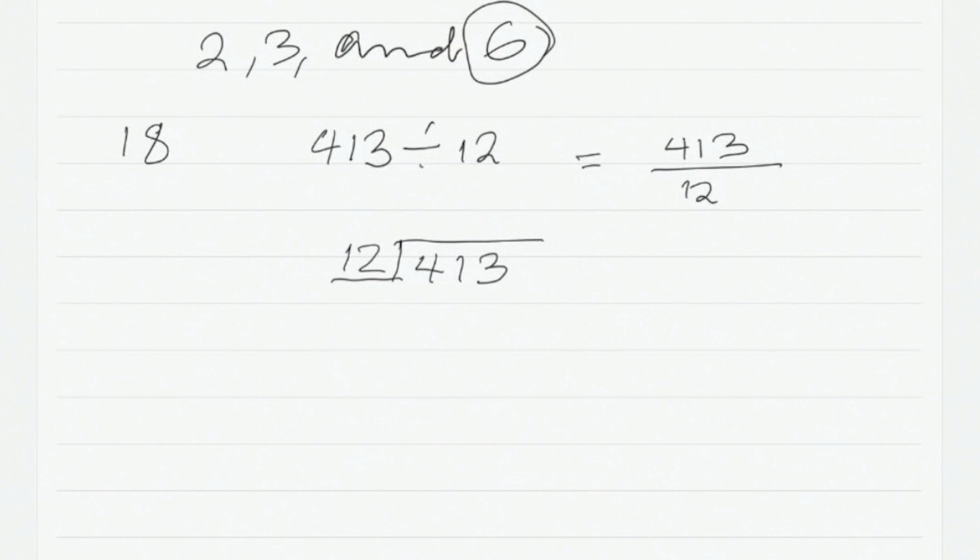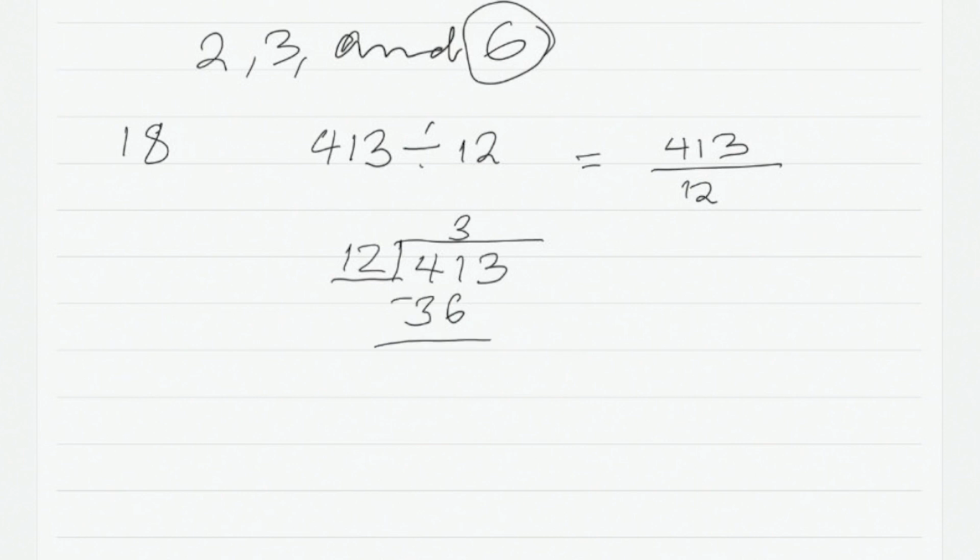divided by 12. So you divide, how many times can 12 go into 4? It can't. How many times can 12 go into 41? It will go in 3 times. 3 times 2, that is 6. 3 times 1, that is 3.